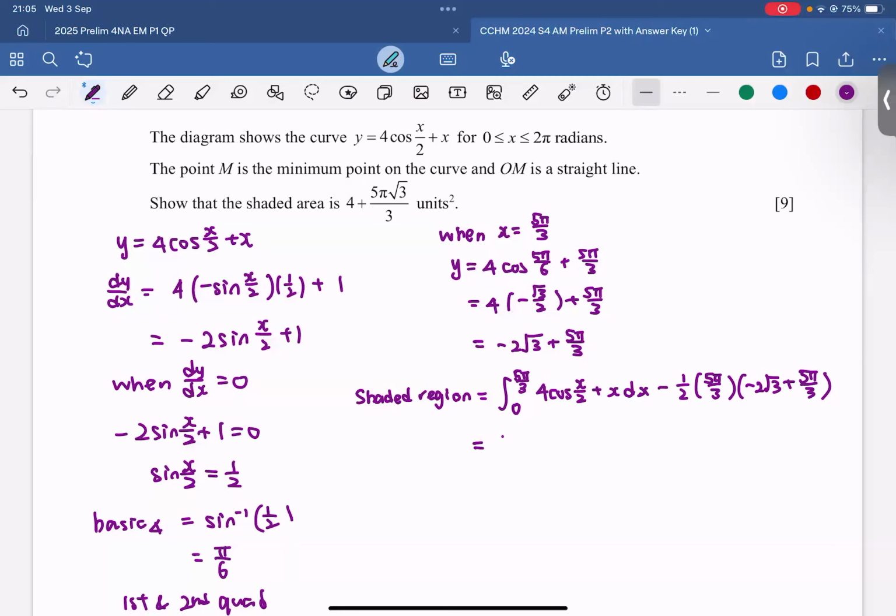Okay, so to integrate this is just change to sine, then divide by the angle.